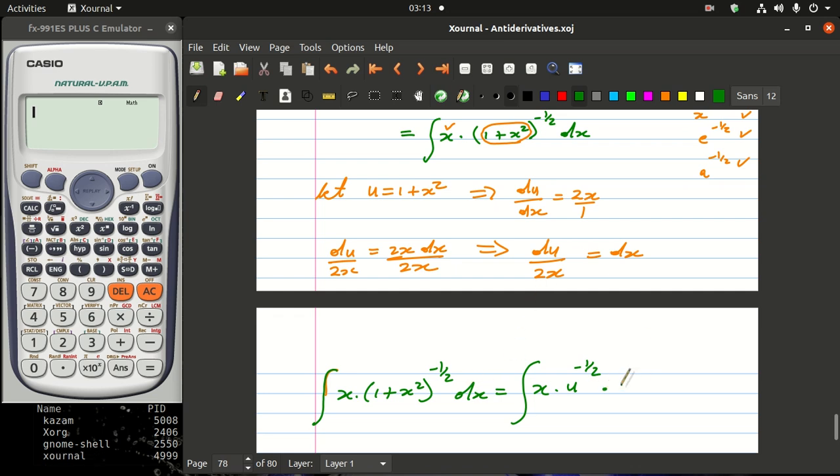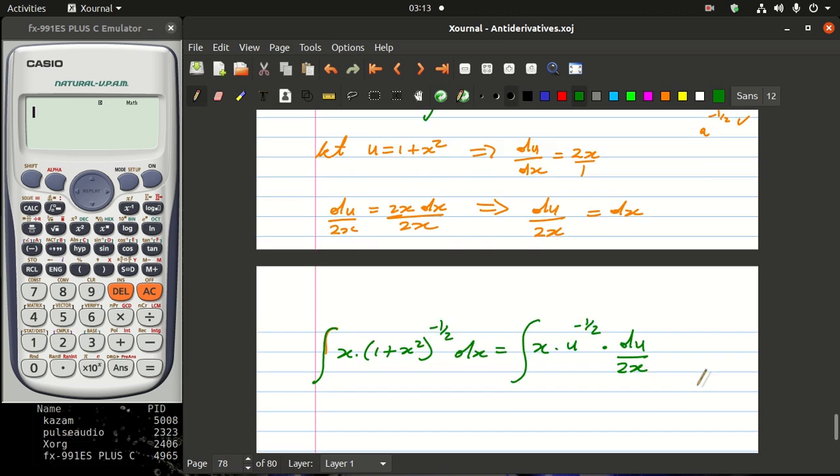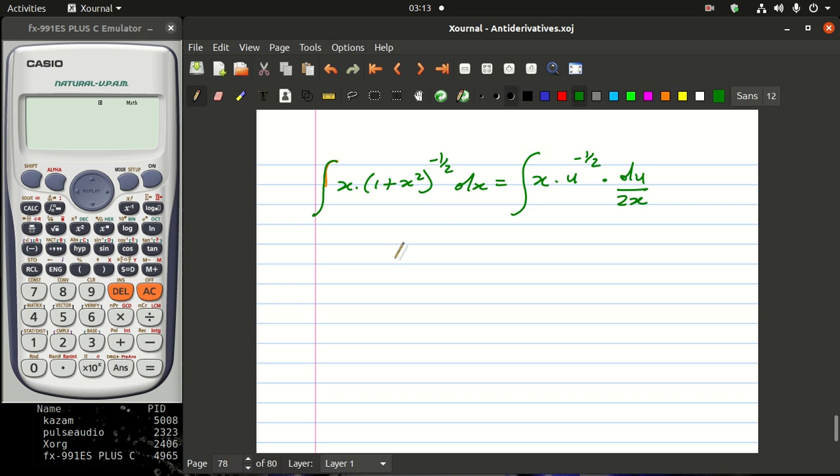But my dx is the same as du divided by 2x. What is nice about this whole thing is this x and this x cancel out. Now I have 1 over 2, and then u raised to minus 1 over 2, and then a du. This is a constant, so I can always pull it up front, and I still have this integral here.